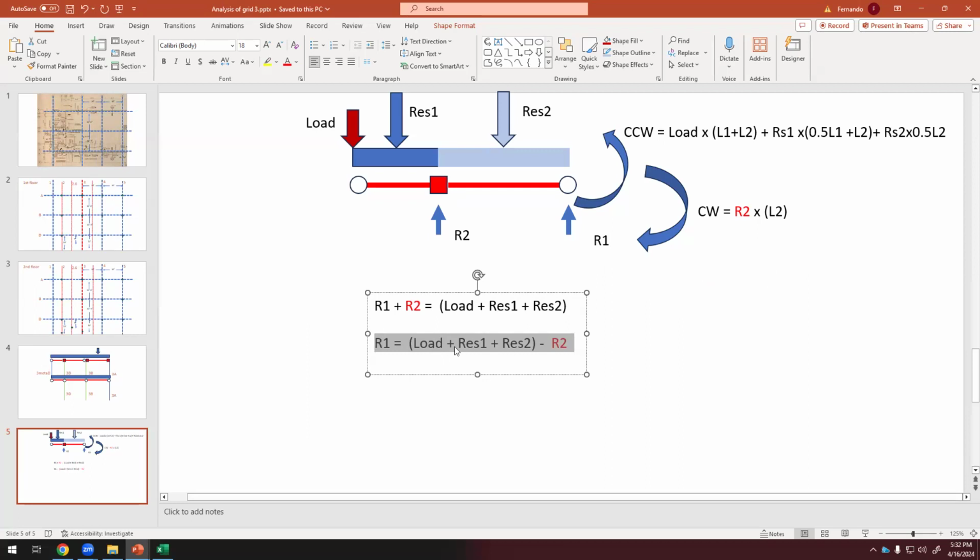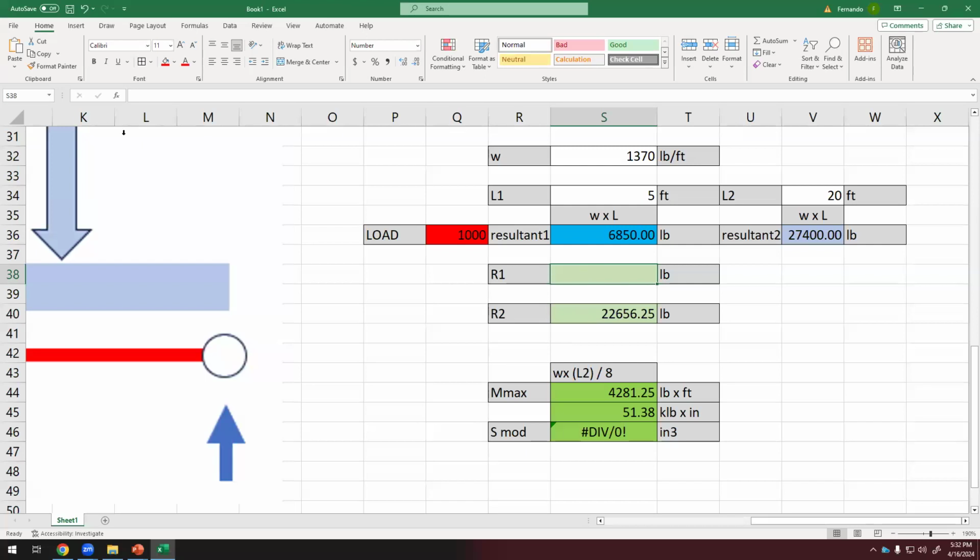It's the load plus resultant 1 plus resultant 2 minus R2. So let's do it. R1 equals the load plus resultant 1 plus resultant 2 minus R2. And there you go.